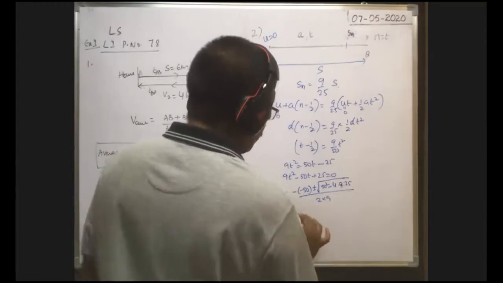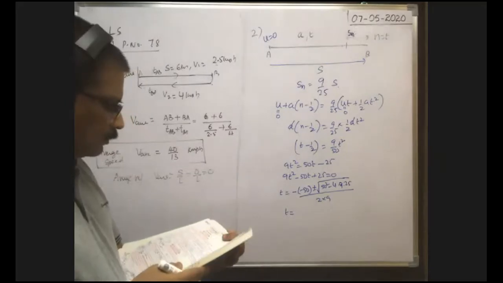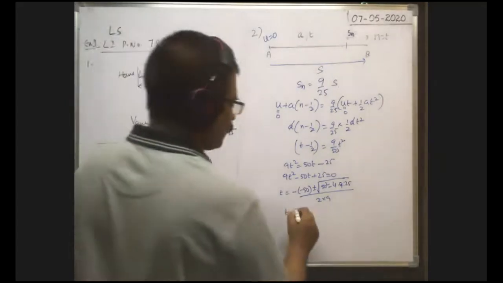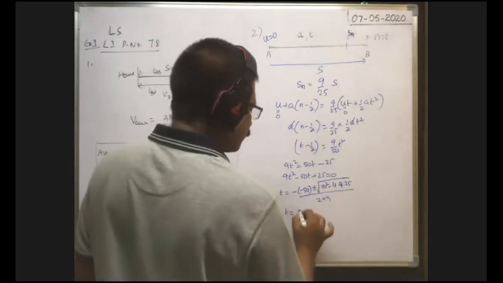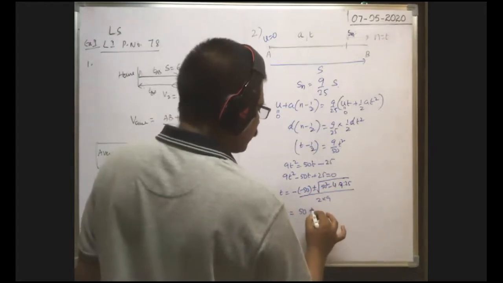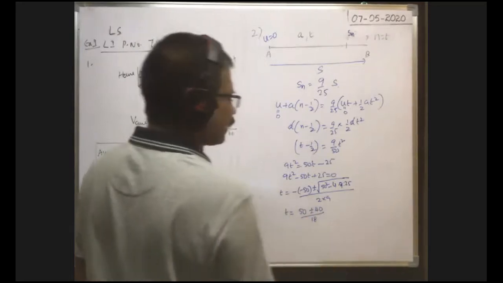When you simplify them, you will get T is equal to 5 seconds, because we will get plus here. So 50 plus or minus 40, by 18. You will get like this.